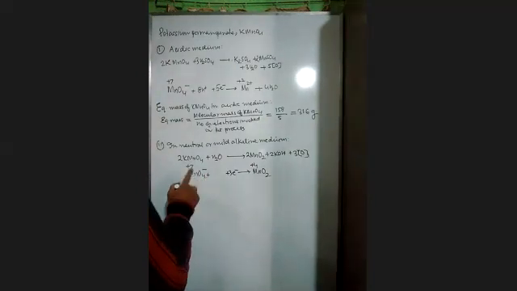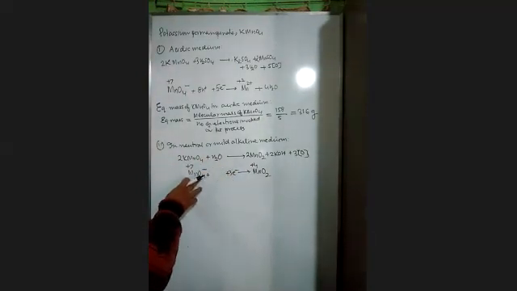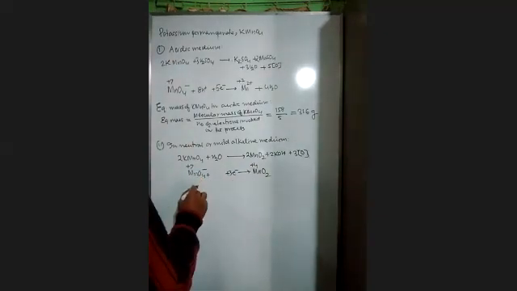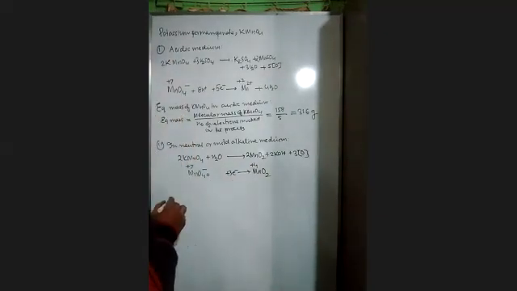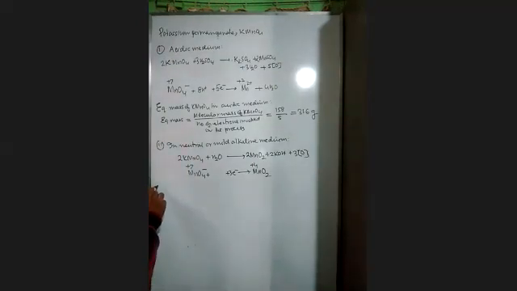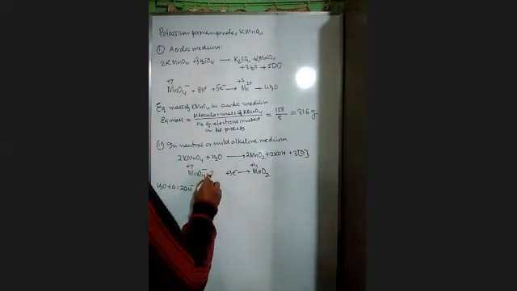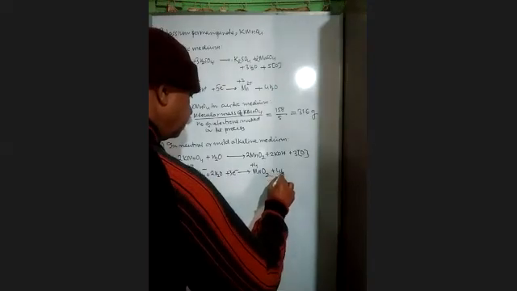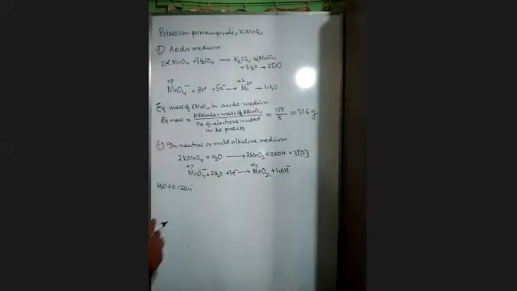Now, in this case, I have to remove oxygen. I cannot add H plus. So in that case, what is going to happen? Remember, long time back, we have studied all these things. So it will give you 2OH minus. So I have to remove 2 oxygen. So 2H2O will give you 4OH minus.